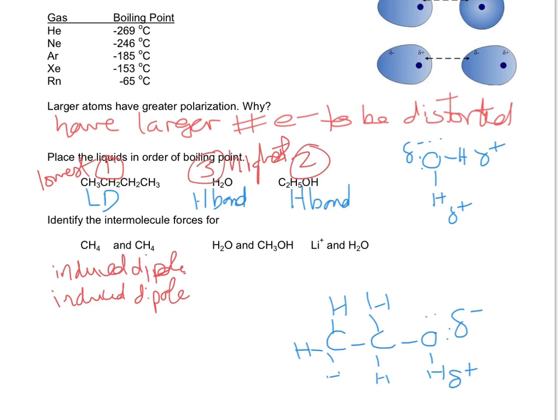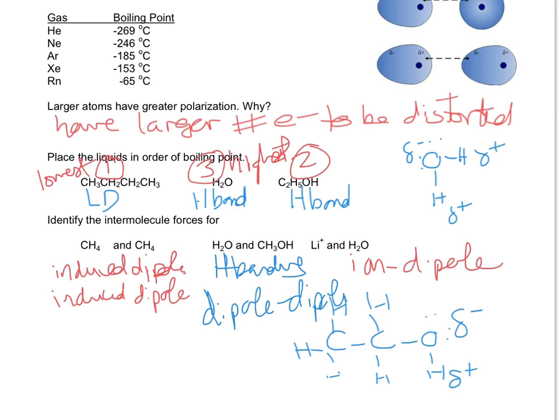You can either call that hydrogen bonding or you can call it dipole. Li+ and water: that's an ion and a polar molecule, so we'd call that ion-dipole interactions.